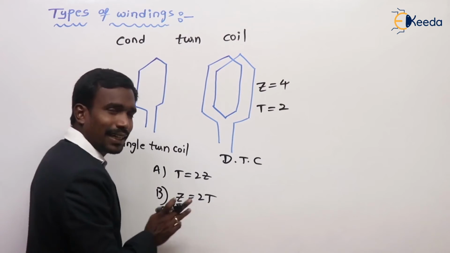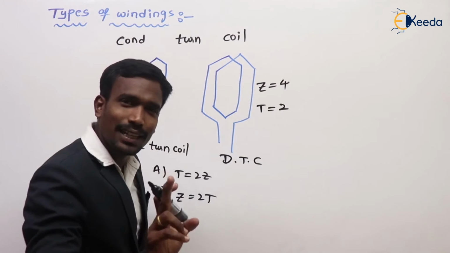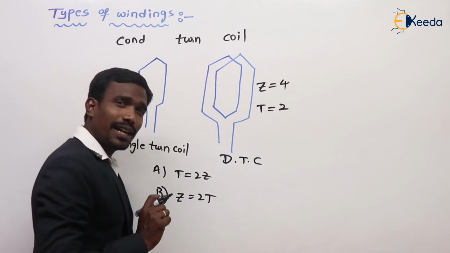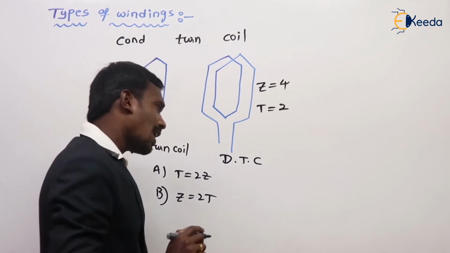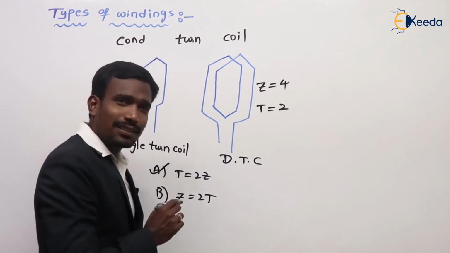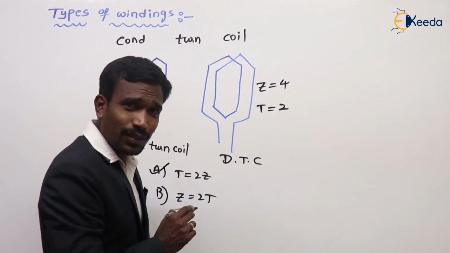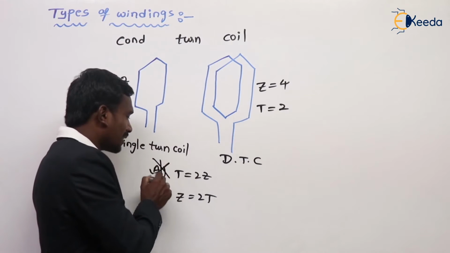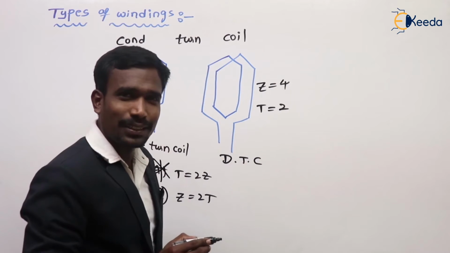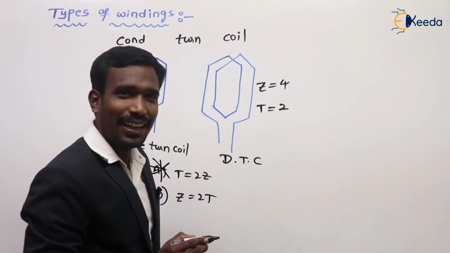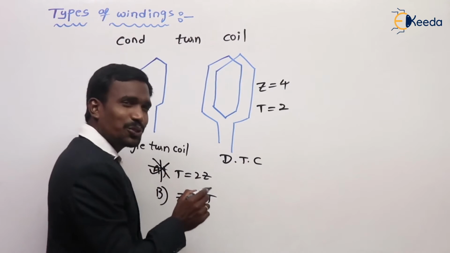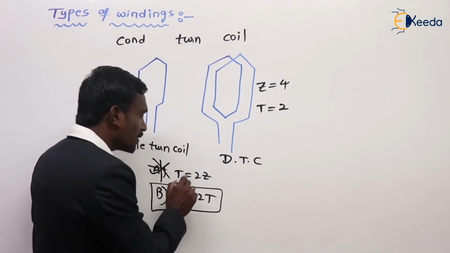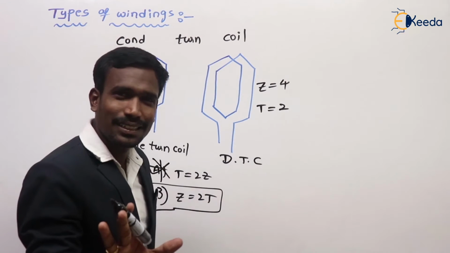So which of the following is the correct answer? Option A or option B? Yeah, option A is the correct answer. Is it? If you say option A is the correct answer, then you can get the Nobel Prize again. Okay. One turn having two conductors, nothing but Z is equal to 2T, not T is equal to 2Z.